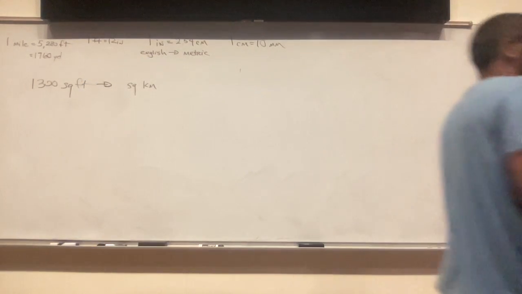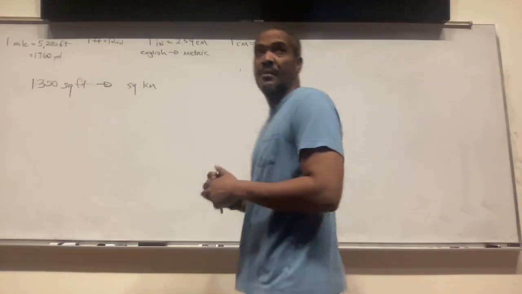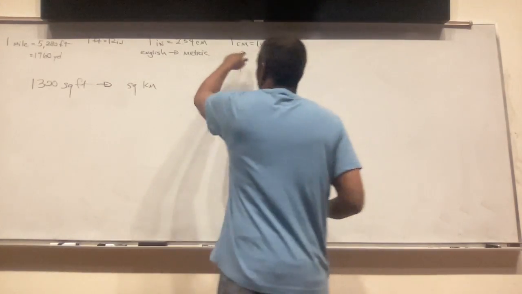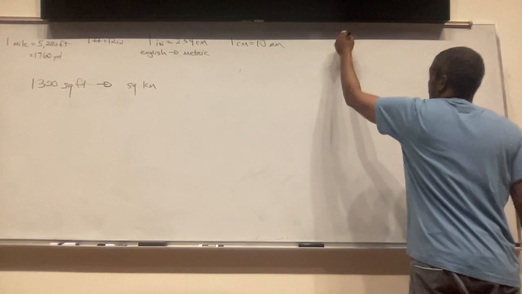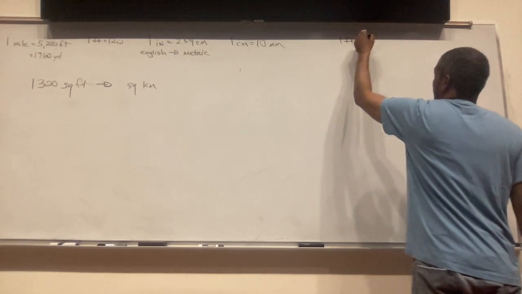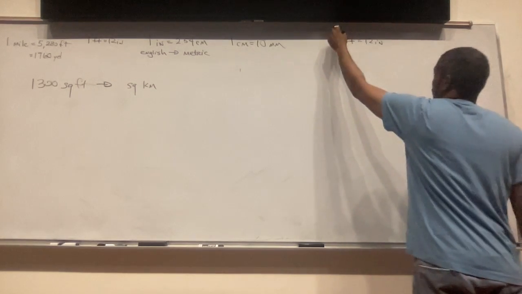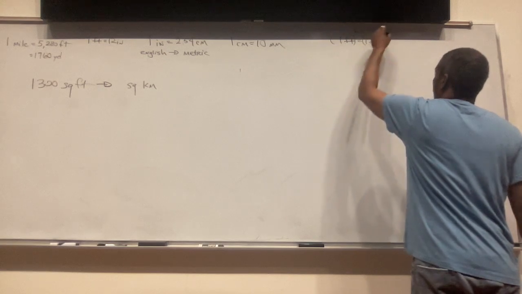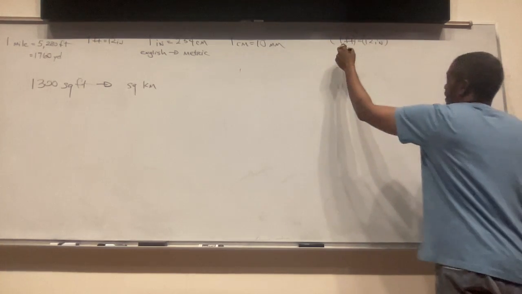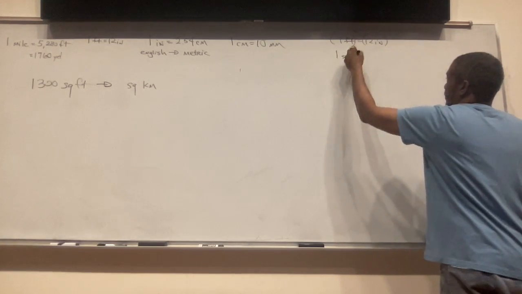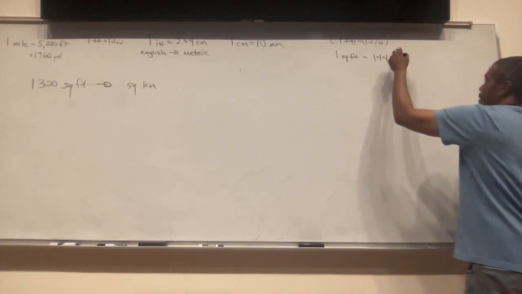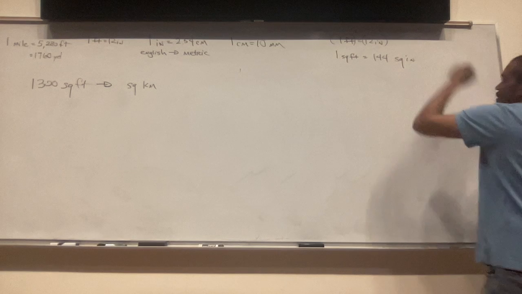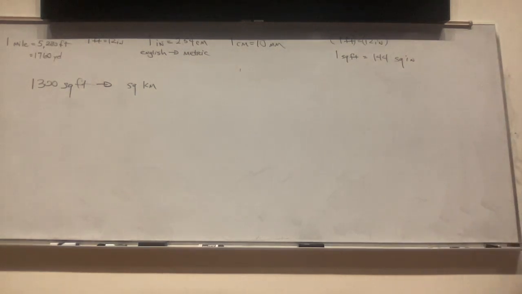But how about we just square the conversion? 1 foot is equal to 12 inches, and we square it on both sides. So 1 square foot is equal to 144 square inches. So we have a different conversion factor now.